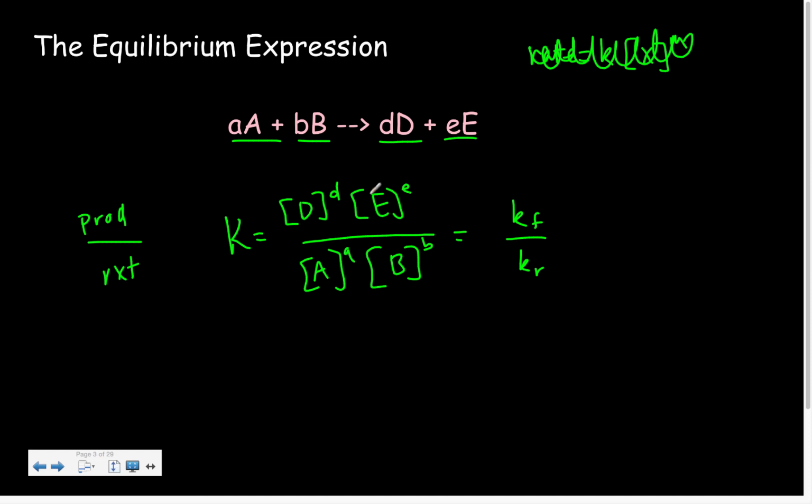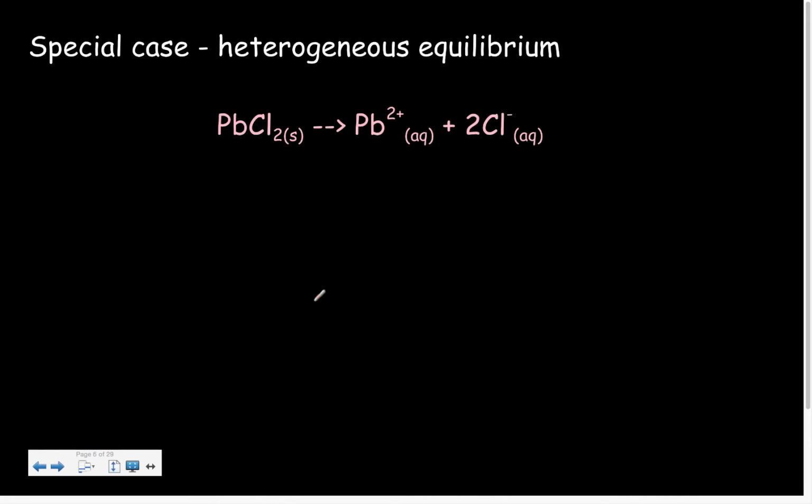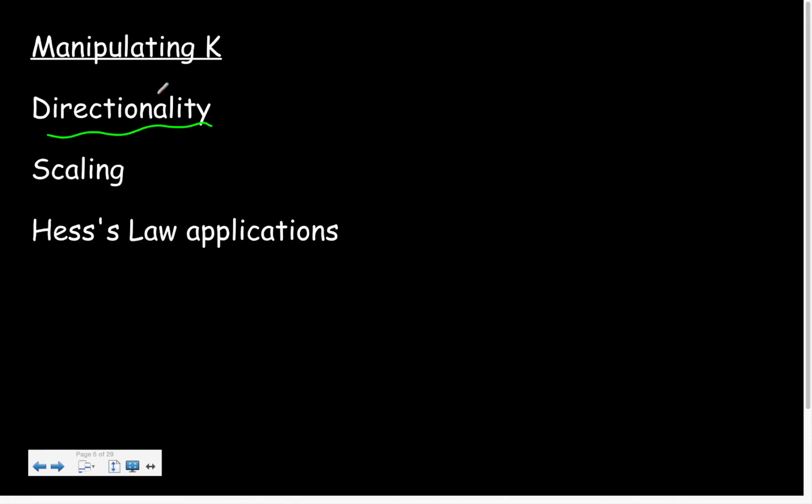If we wanted to flip our reaction, we would have to flip our K. If we wanted to scale our reaction, if we wanted to multiply our reaction by 2, thinking about what happens to my coefficients, I'm going to square my K. Because if I double all my coefficients, all those coefficients go up there as my exponents.